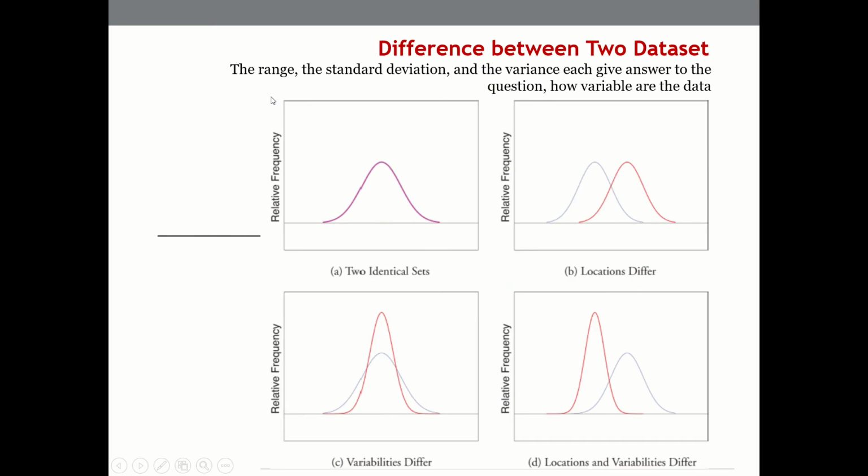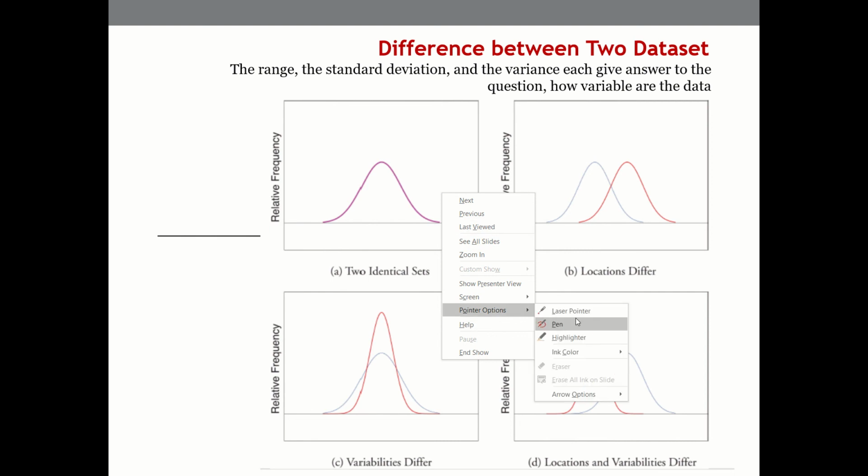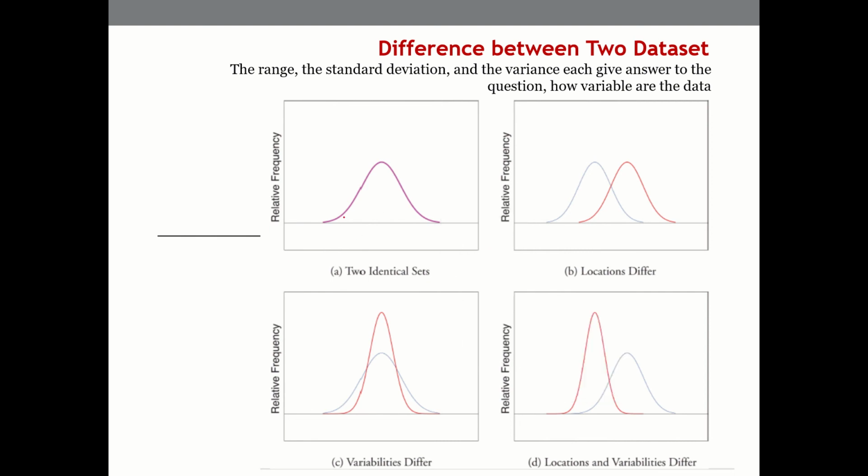For example, the range, standard deviation and variance each give answers to the question of how variable the data set is. All this will help in understanding the data set that we have. Suppose we have two similar data sets.